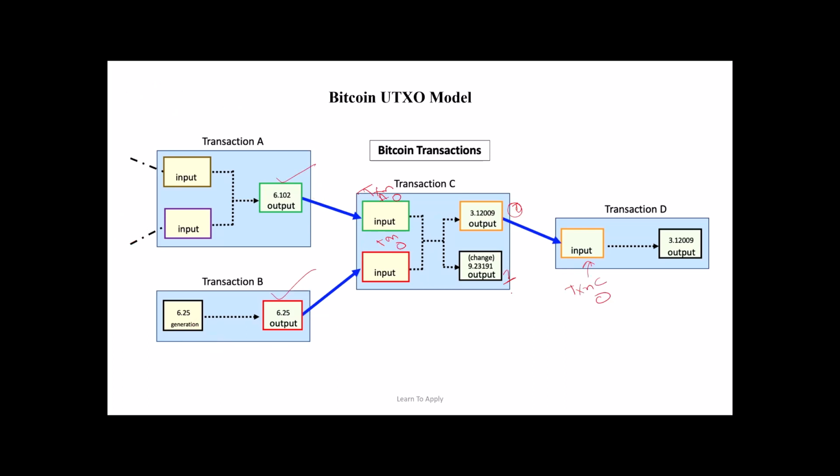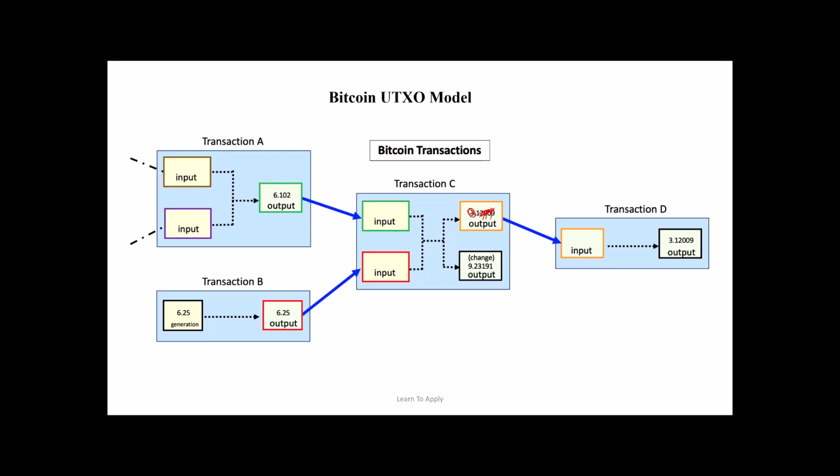Why is transaction C using two inputs here? Why not a single one? This can be understood by taking a simple example where we have the job of sending an amount that is more than a single UTXO value. Suppose transaction C has to send 8 BTC, just for the sake of understanding, as an output here.